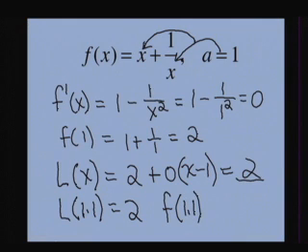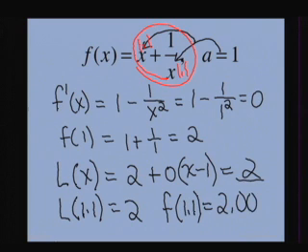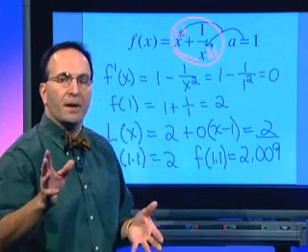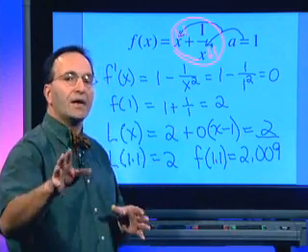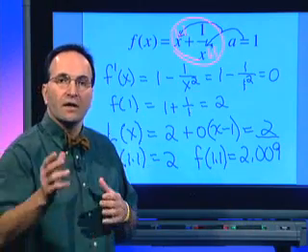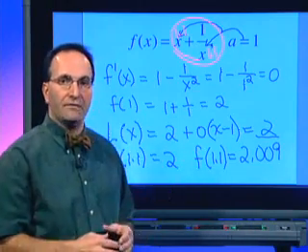When you plug 1.1 into the original function and work all of that out, it equals 2.009. And what that means is that it's off by a little bit, but it's off by less than 1/100th, which is pretty accurate in terms of what we have here.